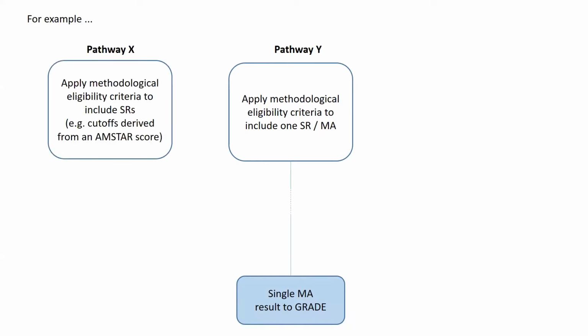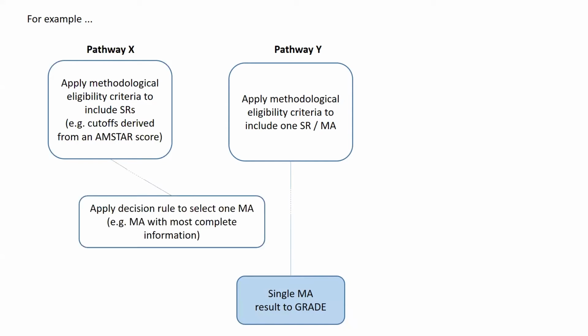Alternatively, they might apply methodological criteria to include all eligible systematic reviews. They might use a cutoff, for example, to determine which of the reviews are eligible for each PICO. They might then apply decision rules to select one meta-analysis, perhaps selecting the meta-analysis with the most complete information, again ending with a single meta-analytic result to grade.